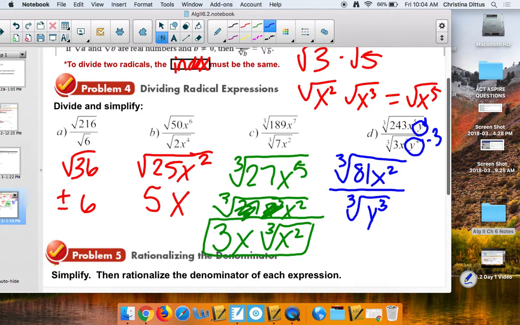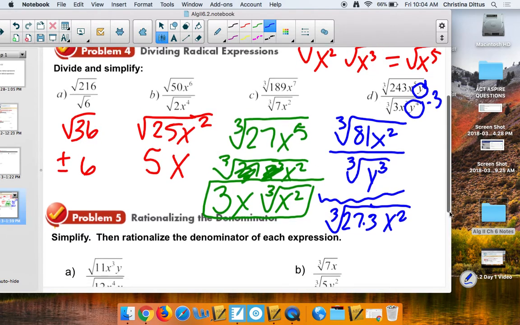Questions here? Is that our answer? No, we gotta simplify. What can I do with 81? 27 and 3. So I'm gonna break this down. So here's like a new step. Cubed root of 27 and 3. Can I do anything with x squared? Nope.